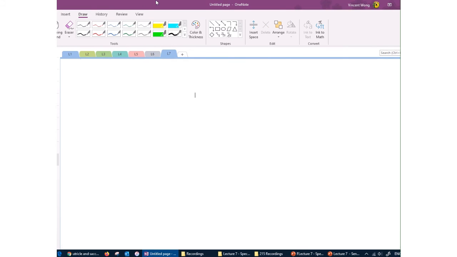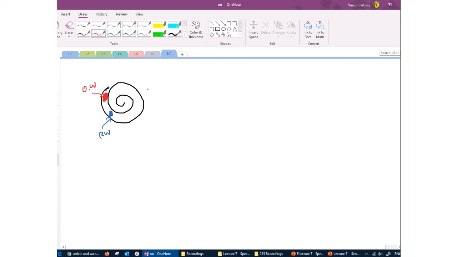So the cochlea, we see it as a snail shell looking thing, right? And then there is the oval window where the stapes presses on, and then there is the round window for relieving the excess pressure.